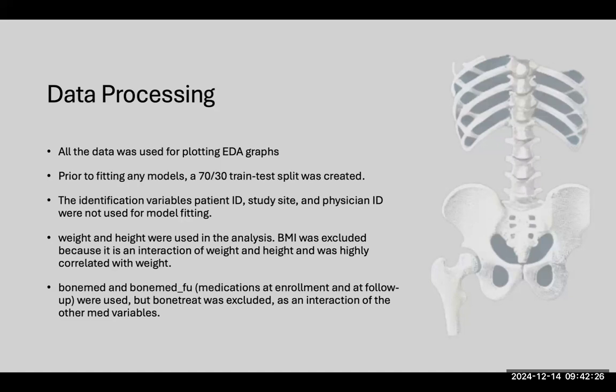Weight and height were both used in the analysis, but BMI was excluded because it's an interaction of weight and height and was highly correlated with weight. Bone med and bone med FU, which are medications at enrollment and at follow-up, were used, but bone treat was excluded as an interaction of the other medication variables.